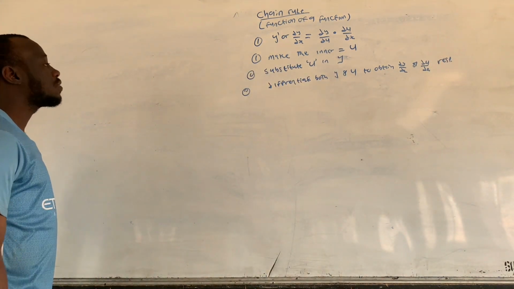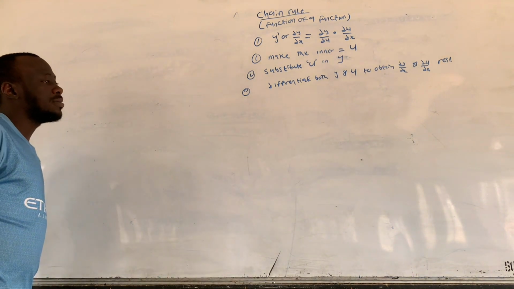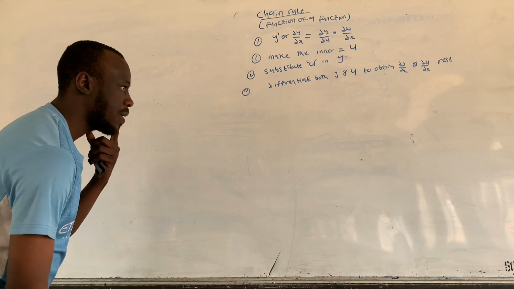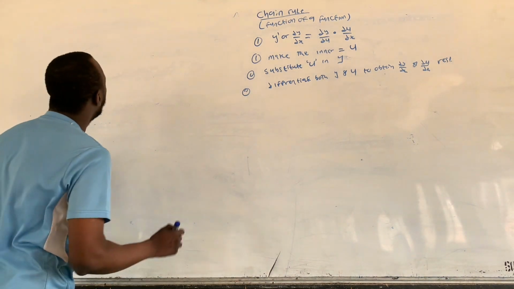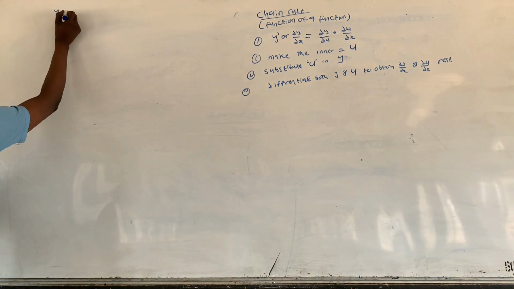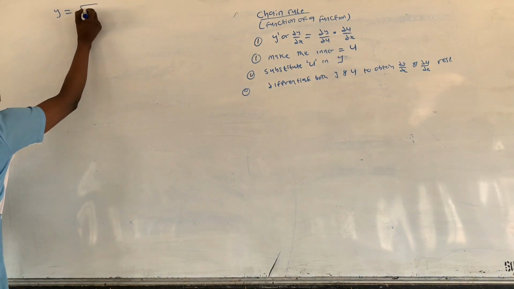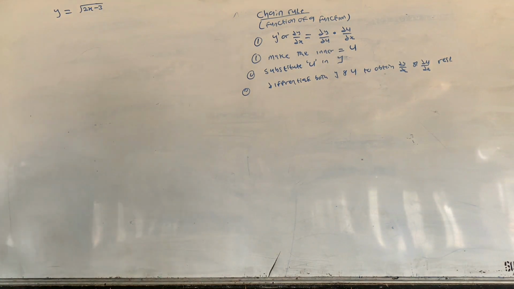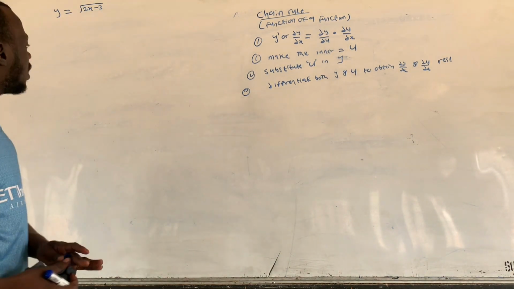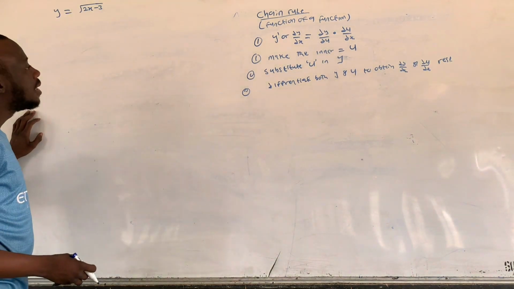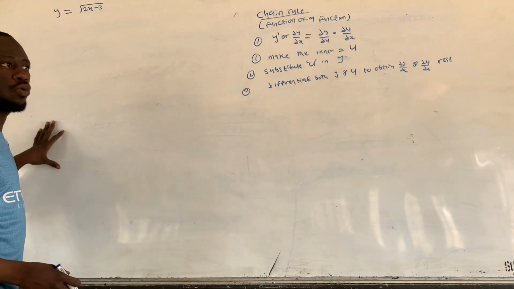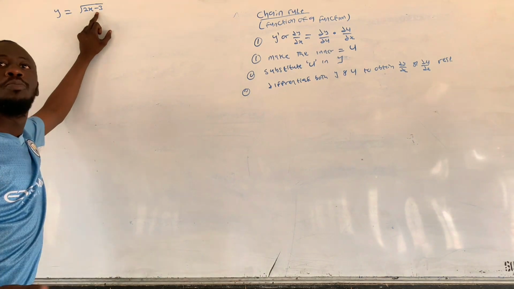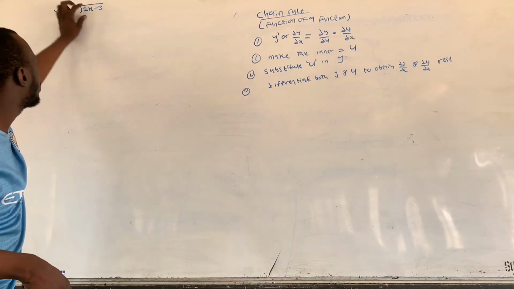So now let us use a question so that we can use this rule. Now, let y equals root of 2x minus 3. Now you see, this question can be solved using chain rule, because 2x minus 3 is a function, but found inside another function which is what? Root x.